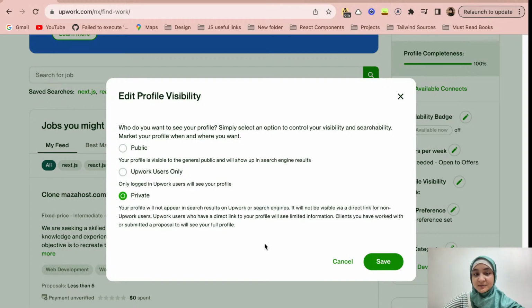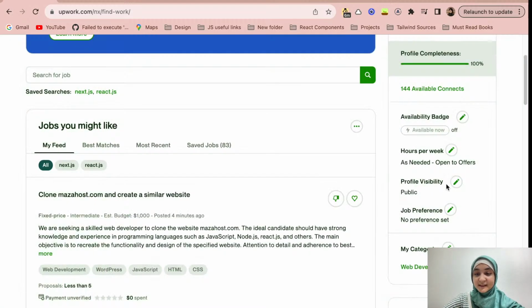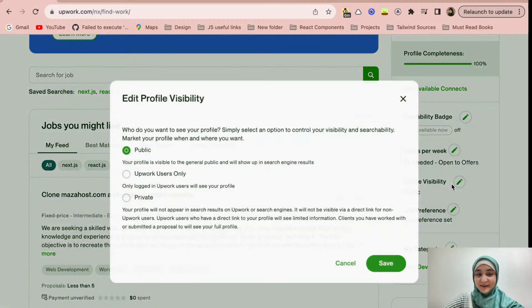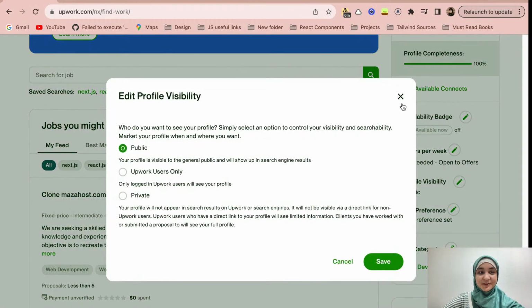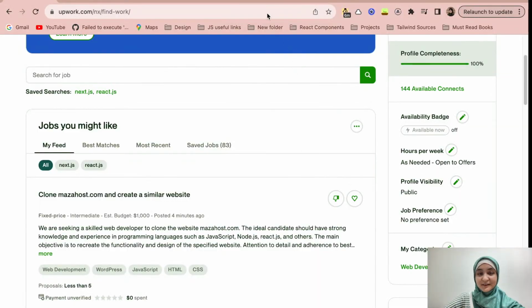This is how I change my profile visibility. I have seen some people saying that it's not working for them. Maybe you can contact Upwork support. Some people said they have to buy the pro version to make it public. Let me know which one they are asking from you, but if they allow you from here, it's very easy. If they are not, you can contact support.